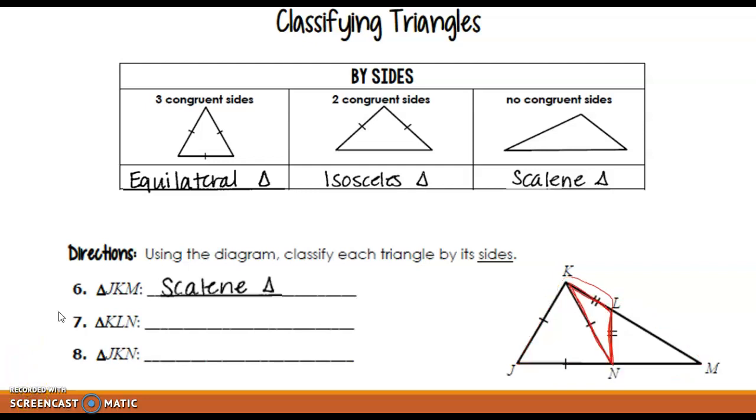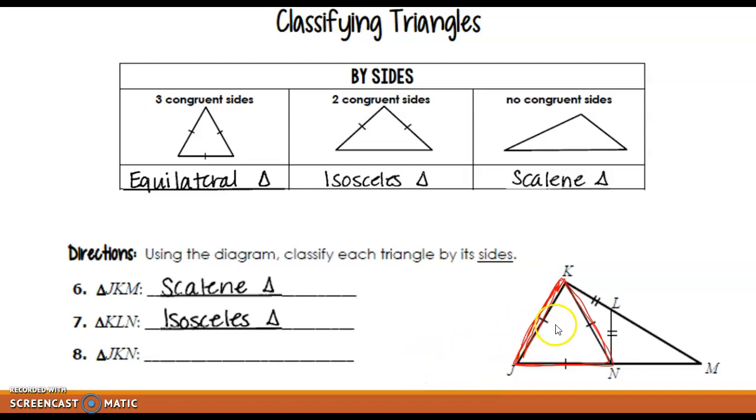Next, we're going to look at triangle KLN. If you notice, it's got two tick marks on both of these sides right here, and then one tick mark on that one. So that means these two sides are congruent. Therefore, only two sides are congruent, so it's an isosceles triangle. The last one is triangle JKN.